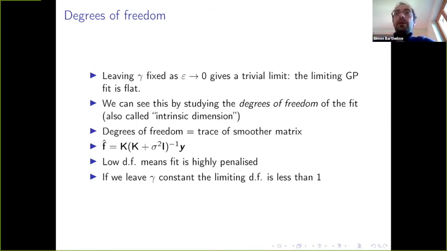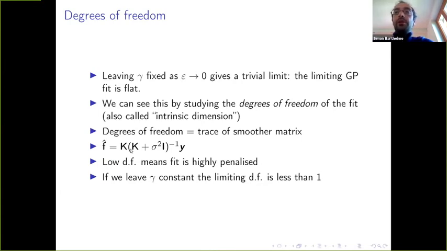You have an estimate f hat of your latent function at the sample locations. It's just a linear function of the observations y, given by the matrix K times (K plus sigma squared I) inverse. This matrix that ties the data to the fit is called the smoother matrix.